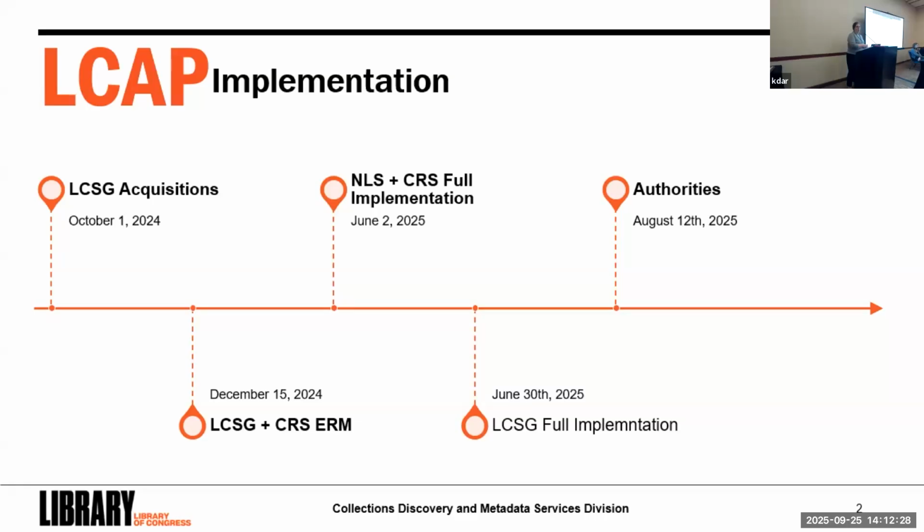They went live at the beginning of June of this year, followed by what most people think of as our main implementation, the library part of the library, which we call LCSG, at the end of June. And finally, authorities had to come last in August of this year. We are now totally live on FOLIO and migrated off of Voyager.